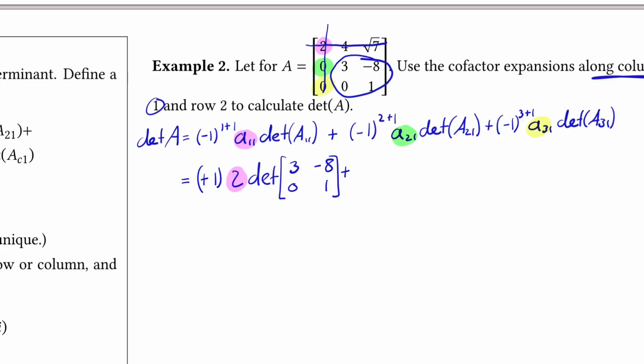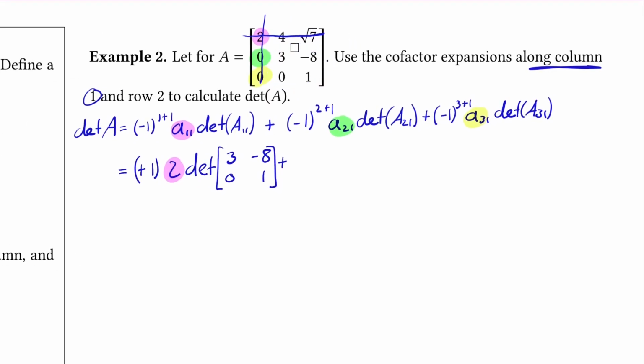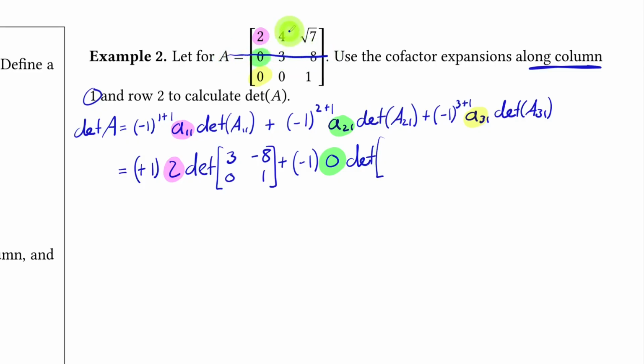Then for the next one, the a21 is 0, and negative 1 to the power 3 is negative 1, and we're multiplying that by the determinant of what we get when we cross out row 2, column 1. And what's left over here? 4, root 7 and 0, 1. Like so.